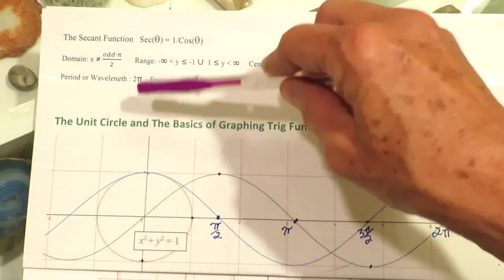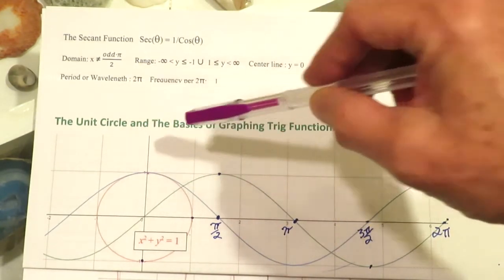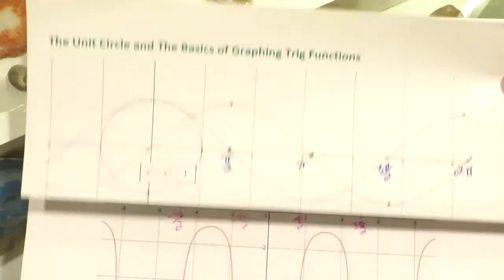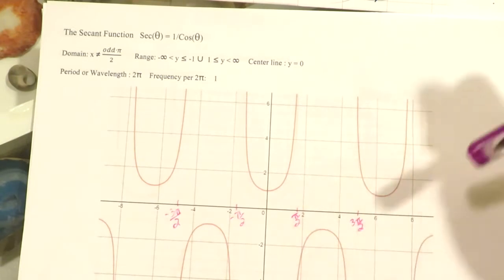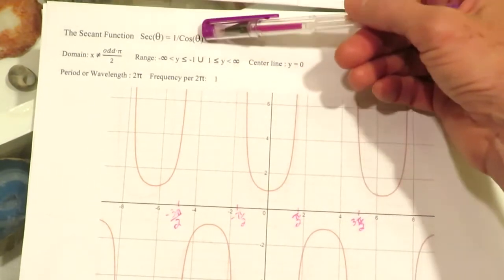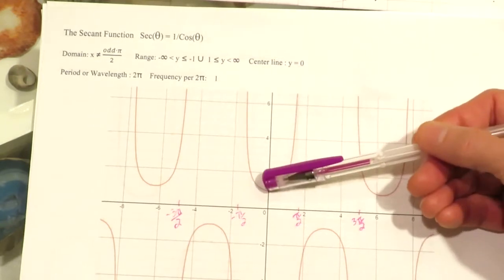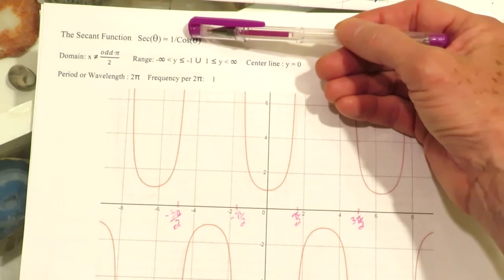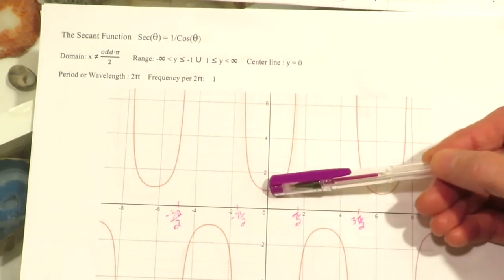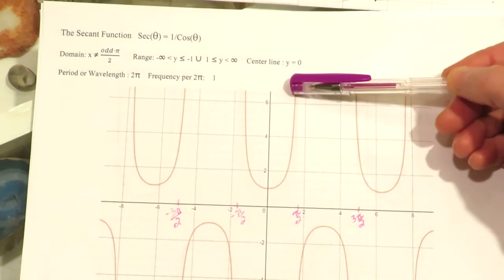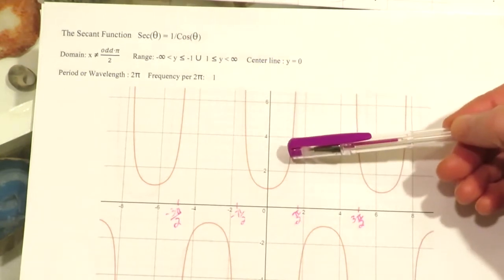So the graph consists of these U shapes that kind of fit in between the vertical asymptotes. And if you think about it, at 0, cosine is 1, so secant would be 1 divided by 1. So you're hitting a minimum value of 1, and then as cosine becomes a fraction less than 1, 1 divided by it gets higher and higher until it's approaching infinity as cosine approaches 0.